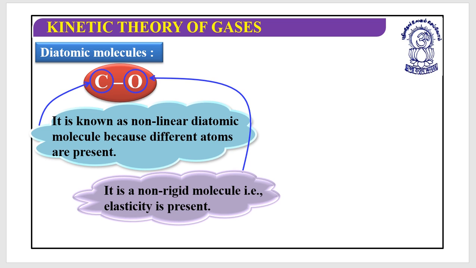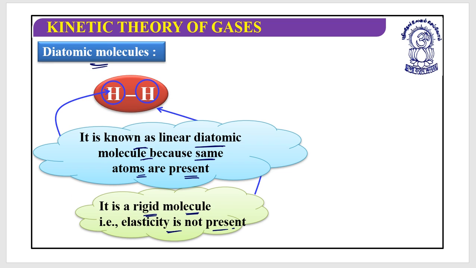Now let's look at the other diatomic molecules. When we take the case of carbon monoxide, this is known as a non-linear diatomic molecule because different atoms are present. If the same atoms are present, as in the case of hydrogen gas, H and H would be there, and then they are linear diatomic molecules.